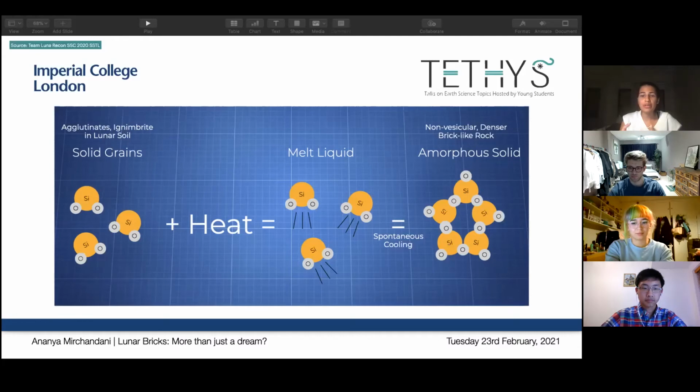So essentially, we'd be performing some sort of re-welding mechanism, whereby the glass deposits in the lunar soil, represented as the silica solid grains on the screen, are heated to their transition temperature, which we've assumed to be around 620 degrees Celsius. And then they get mobilized to become a melt liquid.